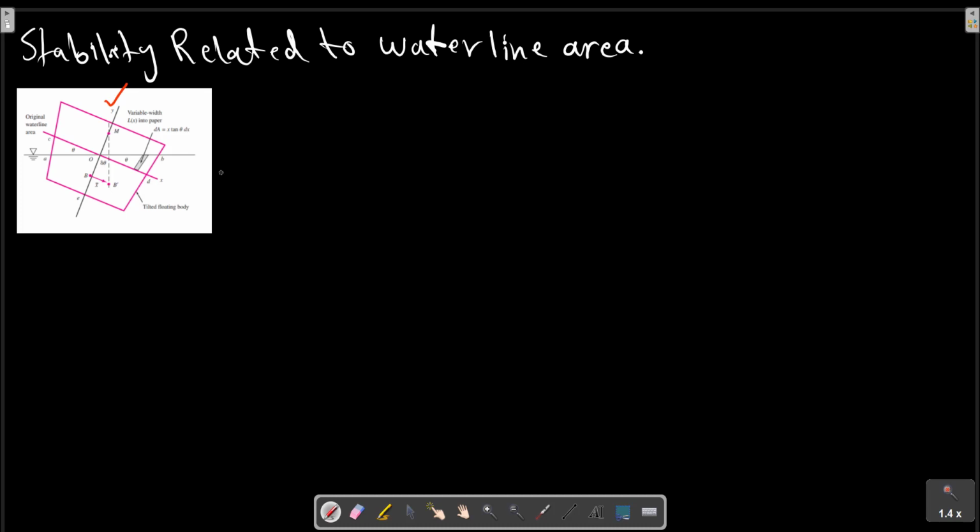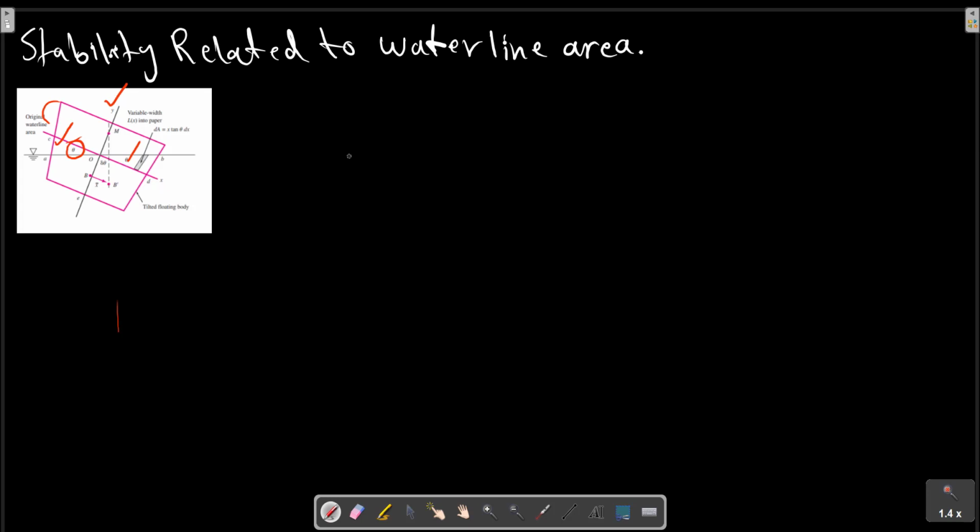Tilting the body a small angle theta, as shown in this picture. Then submerge a small wedge OBD and uncover an equal wedge OCA, as shown in these two wedges.